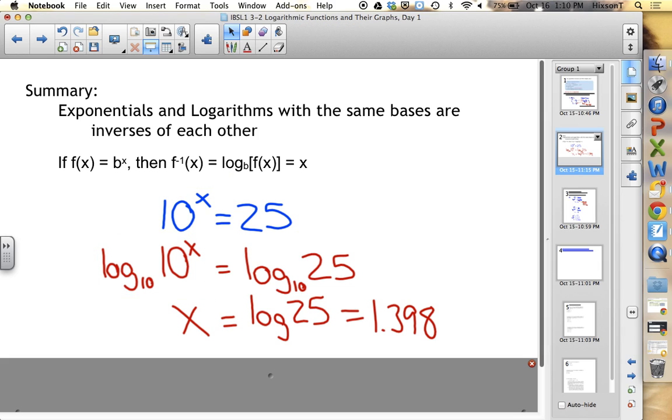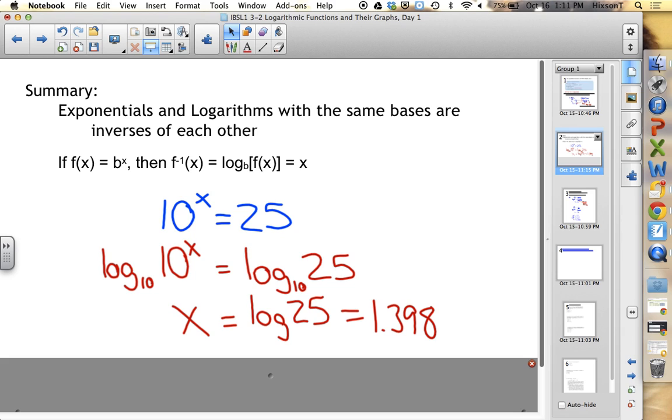Now, before we move on and look at more of these, let me point out how you can tell your answer makes sense. Think about our original problem. We want 10 to some power to equal 25. We can't find it exactly in our heads, but 10 to the first is 10. 10 to the second is 100.